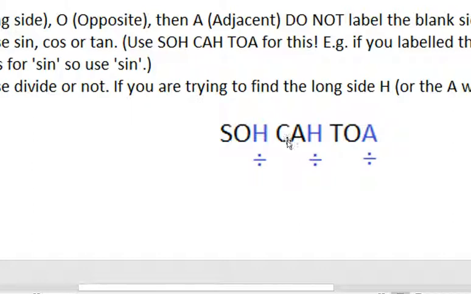Use cos when we have A and H. And then finally TOA. T stands for tan on your calculator, which we use when we have O and A labelled on our triangle.